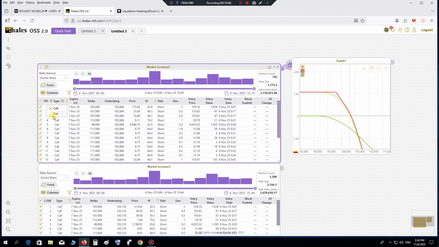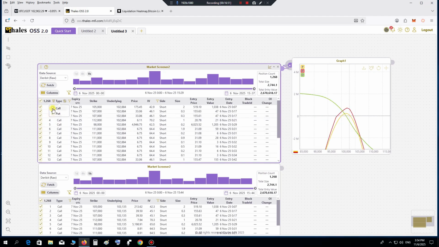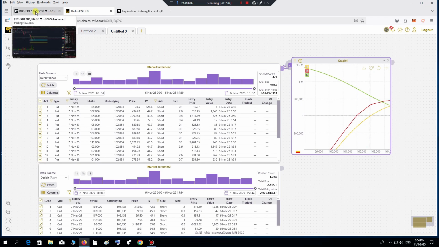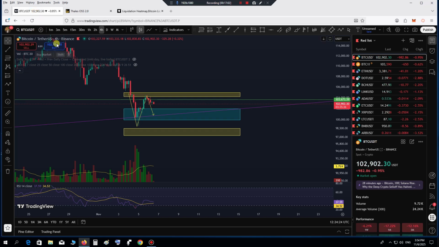Now let's move to the put sellers. The floor for the put sellers is probably at 101,900 or 102,000. So, somewhere between 101,500 to 102,000 or 101 to 102,000. These are the numbers. You can see it's right where we've marked with the arrow.